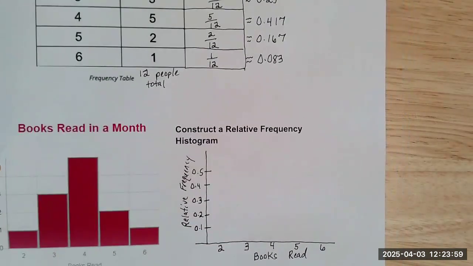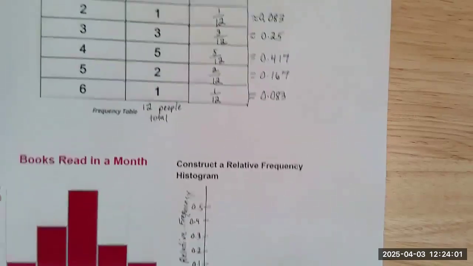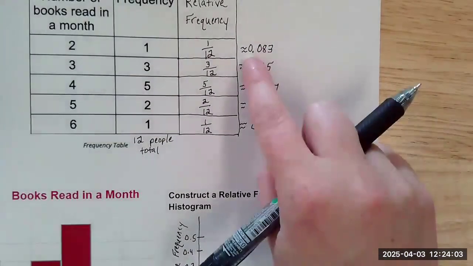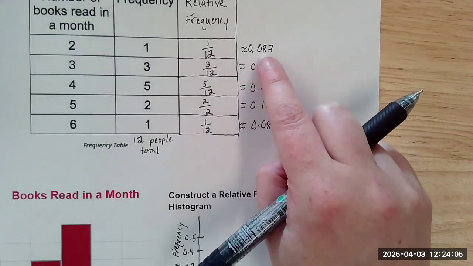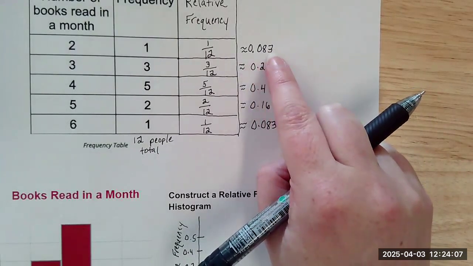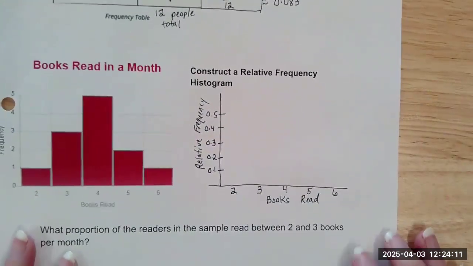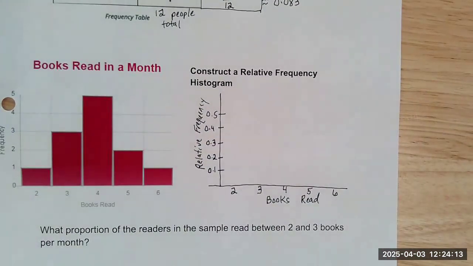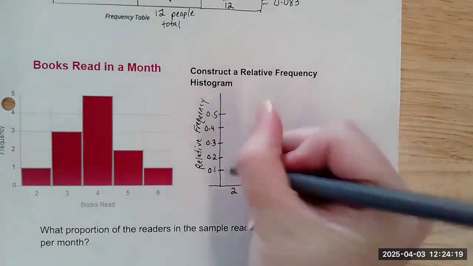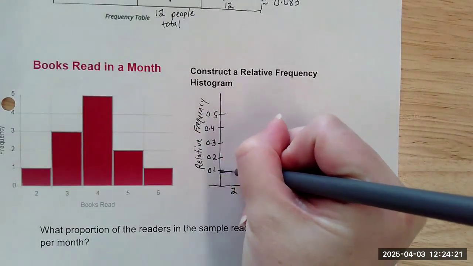And so we got to go back and look at our numbers for 2 books. That's 0.083. That's a little less than 0.1. So I'm not going to go quite all the way up to 0.1 when I make my bar, but I'll get close. So like maybe right about here.